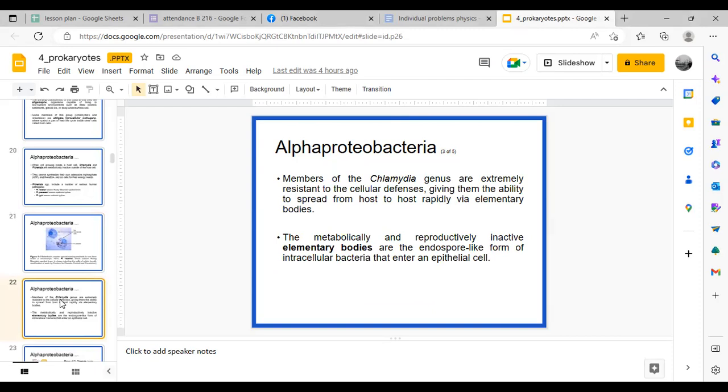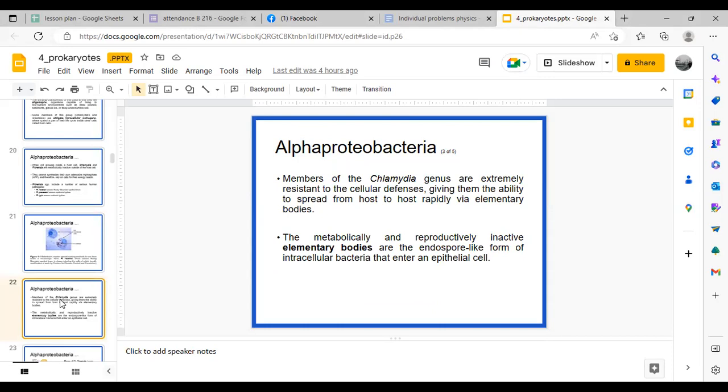So chlamydia is one of the STDs, and they are very resistant to cellular defense. So this is why they're able to spread from host to host.